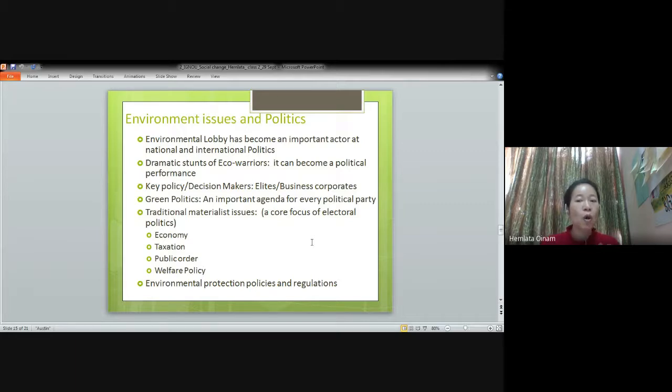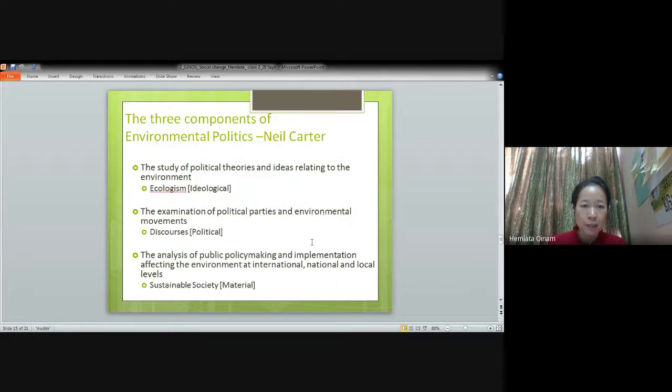The politicians, or representative members of different political organizations, play an important role in compromising and negotiating certain situations, whether it's about accessibility of resources or giving compensation for a particular development project. Environmental protection policies and regulations thus develop depending on such lobbying or activist movements, decisions or participation, or the ideologies of different political parties.